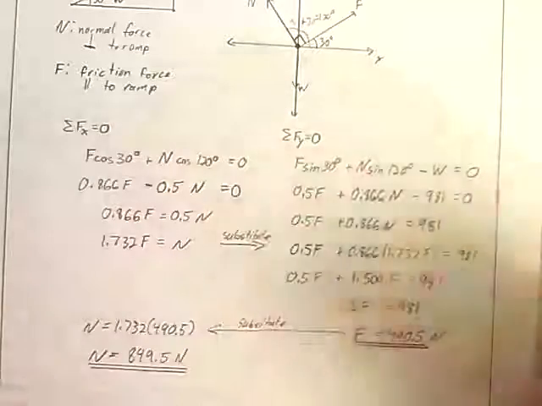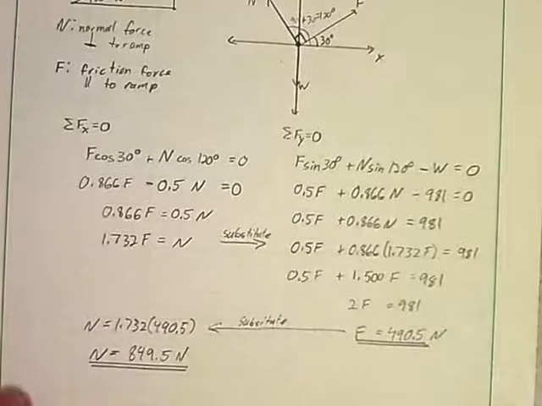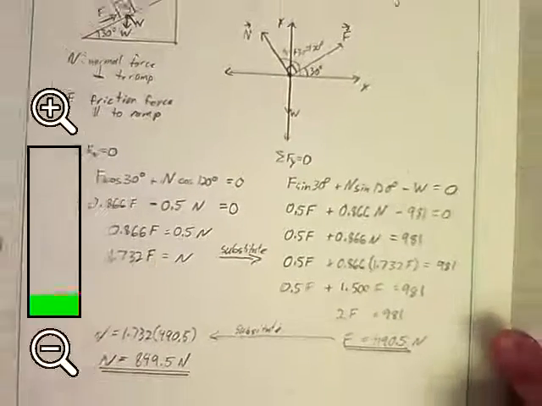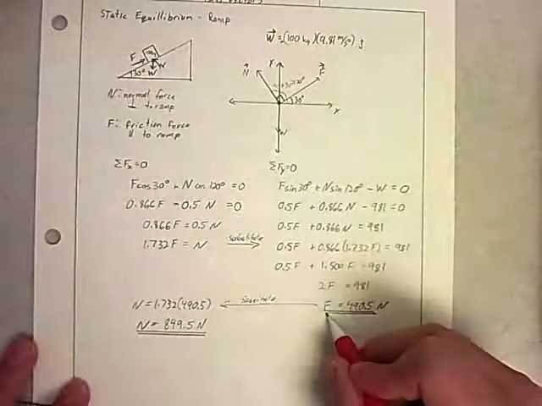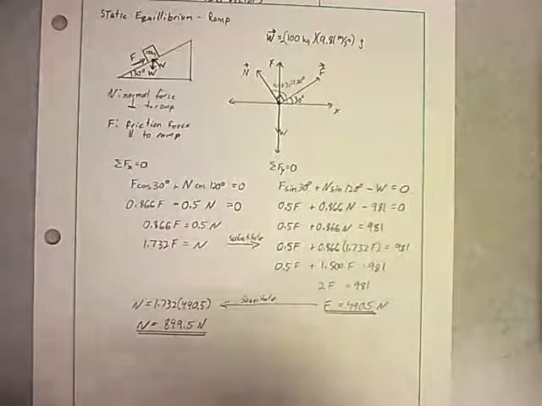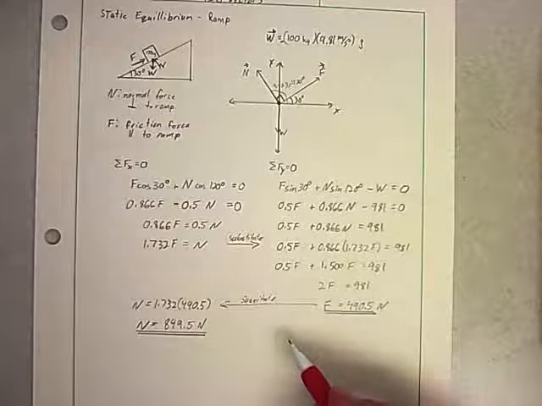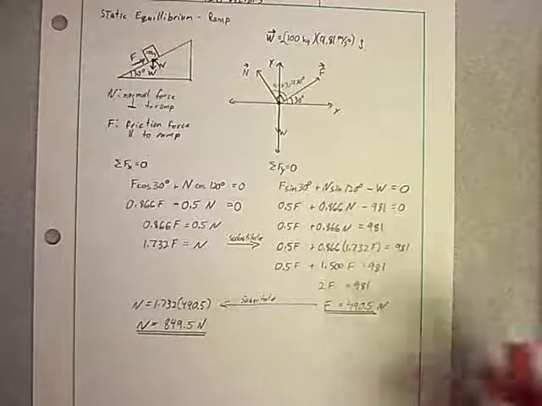And this is one of those weird things about using variable names that are the same as the units. You get a little bit confused in here. Remember, this is friction. That's the normal force. N is the unit. So if it helps you, you want to use a different variable for N or for F, that's okay.